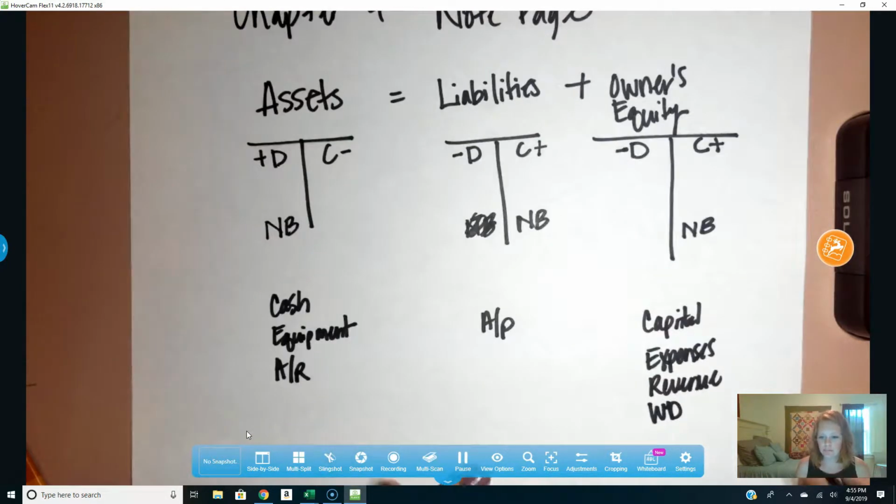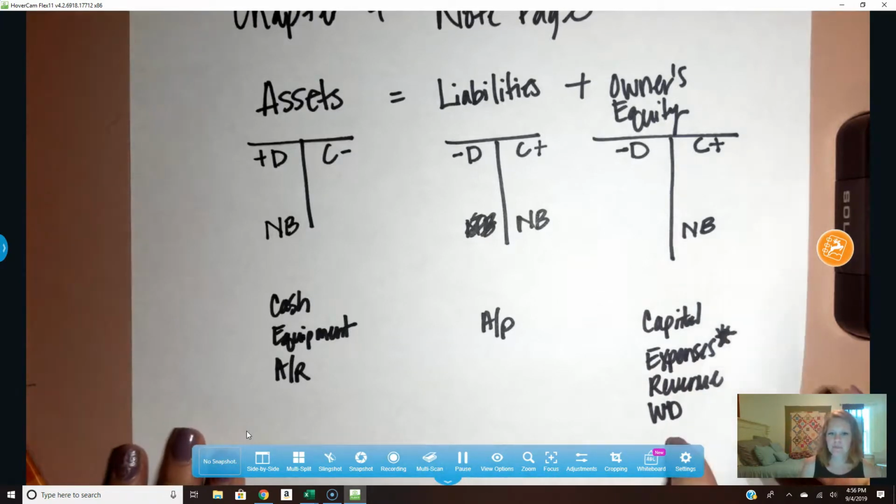I do want to put a little star next to expenses because the rules for expenses are going to change, but I believe we go over that in chapter 5. So just put a little star there for now. We're not going to get there, but this is a really good note sheet for you, okay?